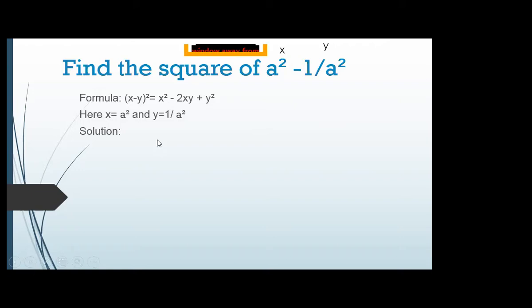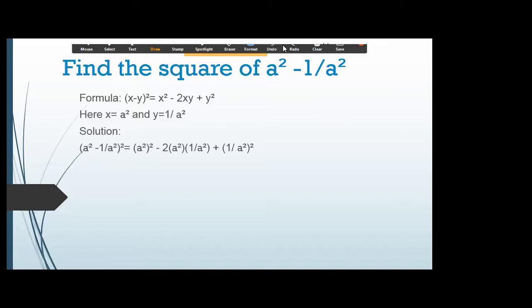Now let's come to the solution. First copy down the question with the whole square. Here we get (a square) whole square, minus 2 is copied from the formula, then first term into second term, and the second term whole square with the plus sign.